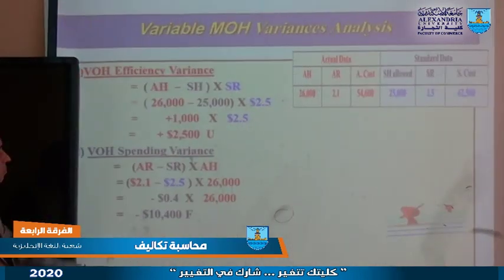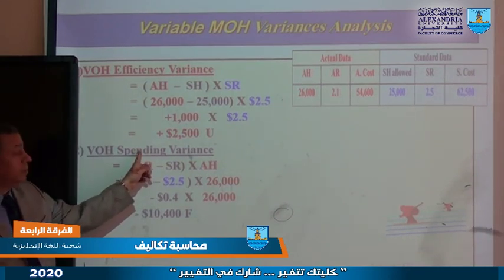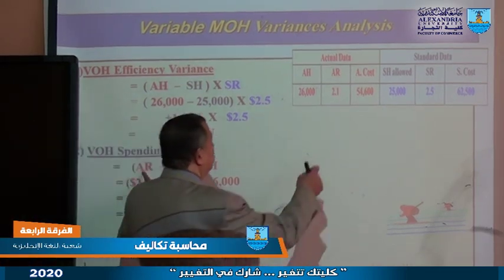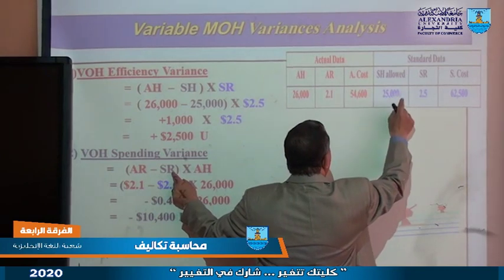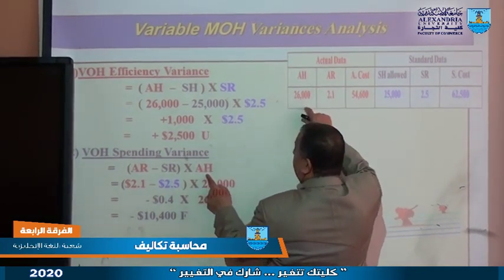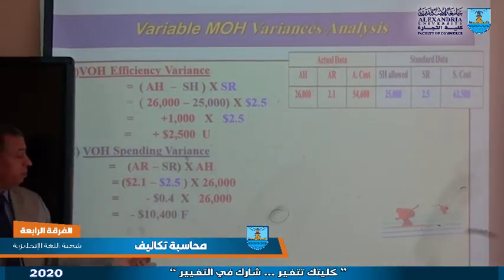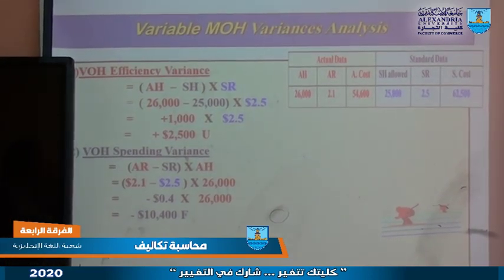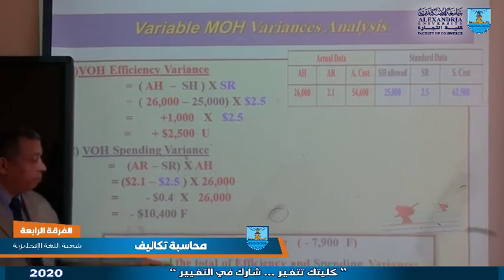The second, yes, spending. Spending, difference between rates. Actual rate minus standard rate, times actual hours. Here I have negative means favorable, 10,400. Don't forget, my total variance must equal what?